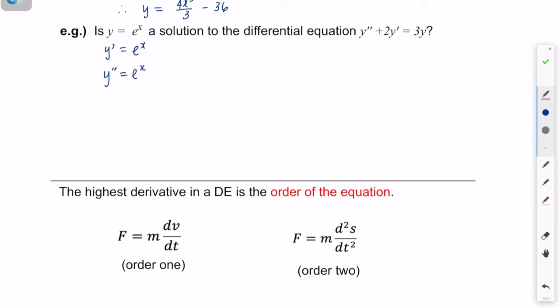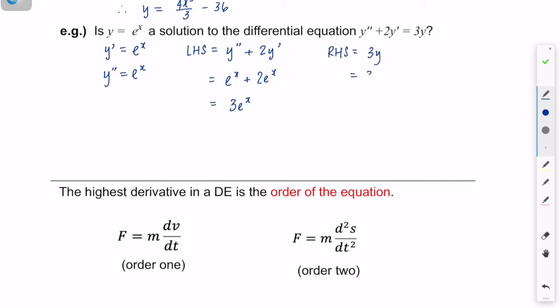Simple enough. Okay, so now starting from the left hand side, we have y double prime plus 2y prime. What is this? This is e to the x plus 2e to the x, which is 3e to the x. Now, right hand side is 3y.